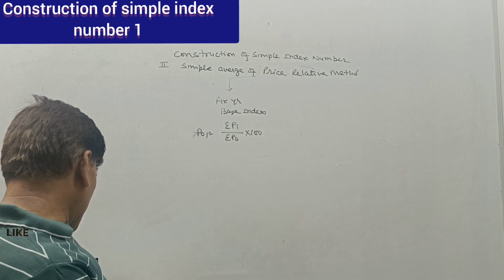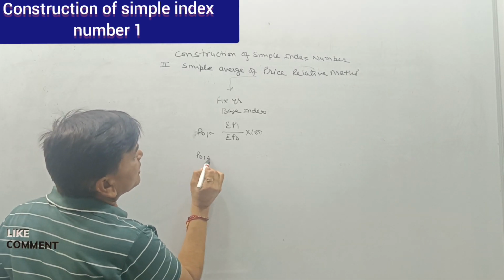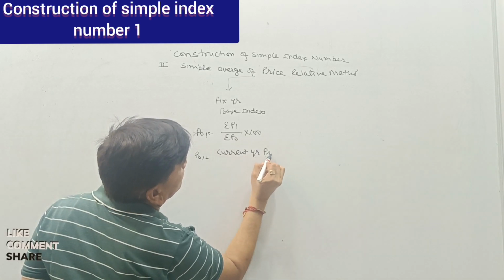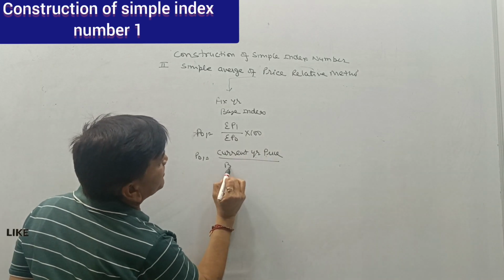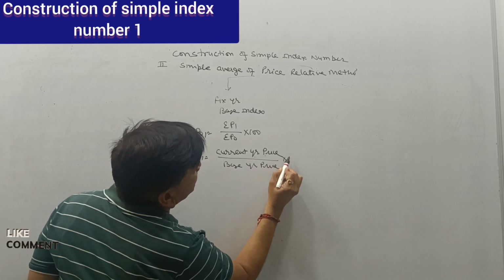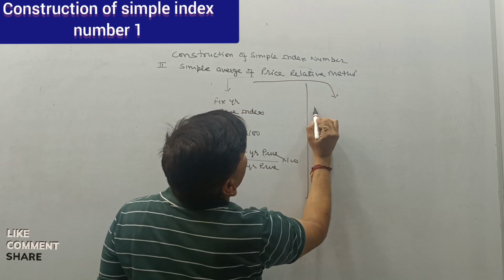For that, current year price divided by base year price multiplied by 100. So P01 is the current year price divided by the base year price, multiplied by 100.